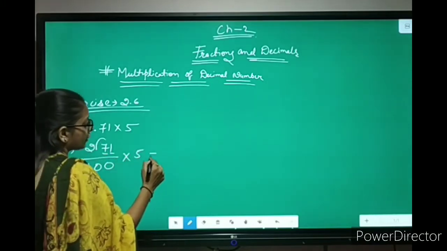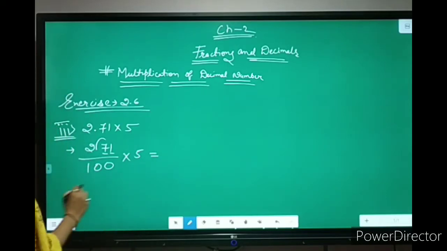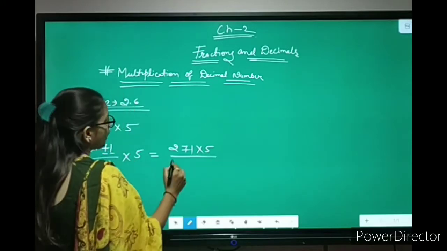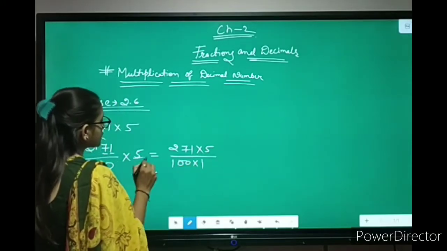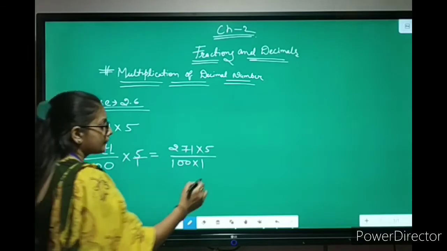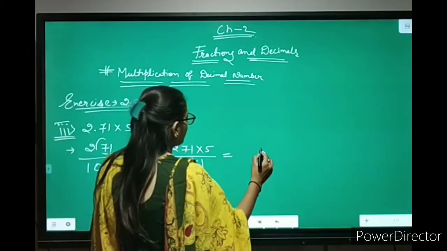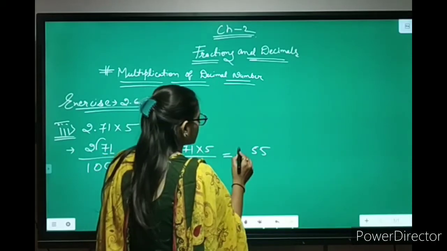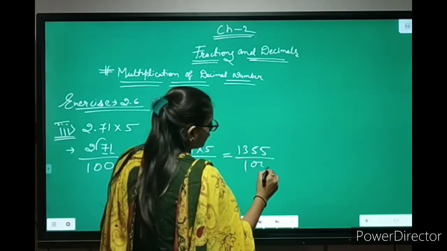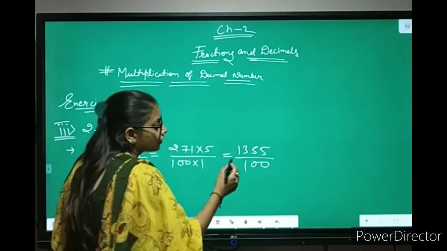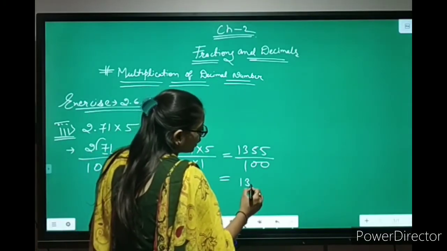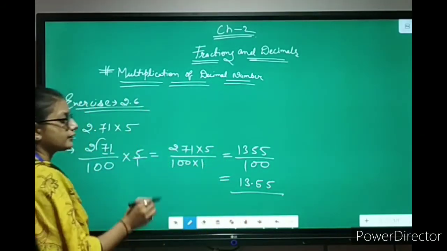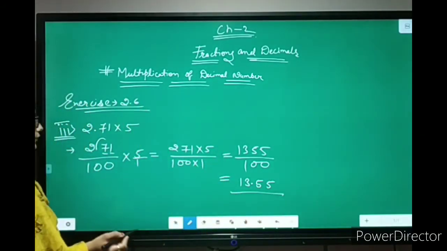Then 271 multiply by 5 and 100 multiply by 1, because denominator is 1. 5 ones are 5, 5 7s are 35, 5 2s are 10, so 1355 upon 100. Put the point before two digits. Answer is 13.55.